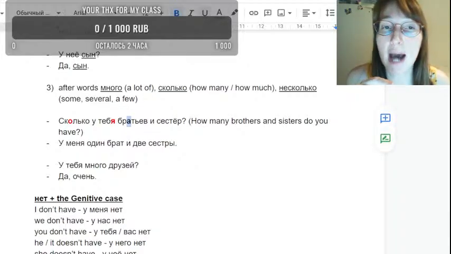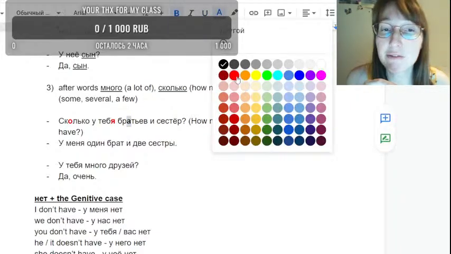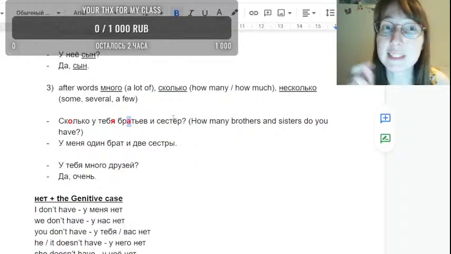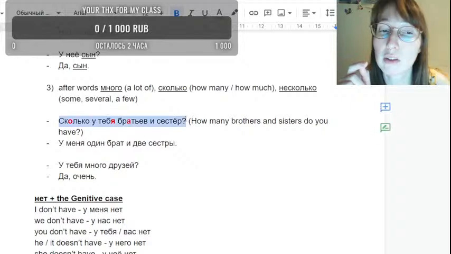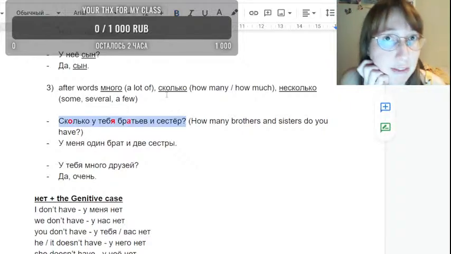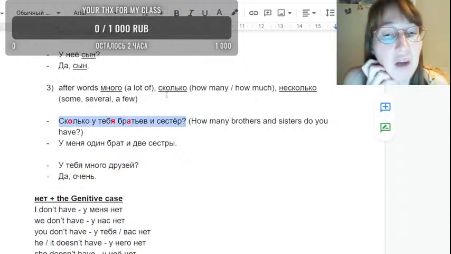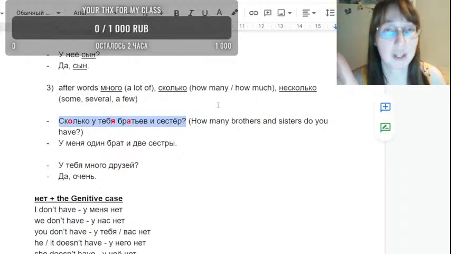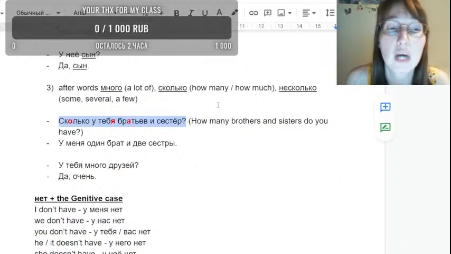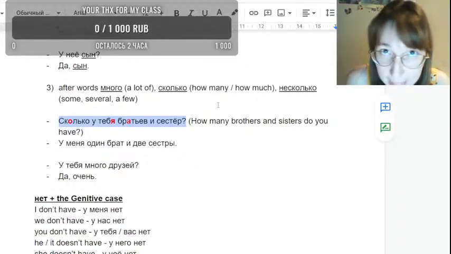Сколько у тебя братьев и сестер? How many brothers and sisters do you have? First, we don't use the word есть. We don't say сколько у тебя есть братьев и сестер.